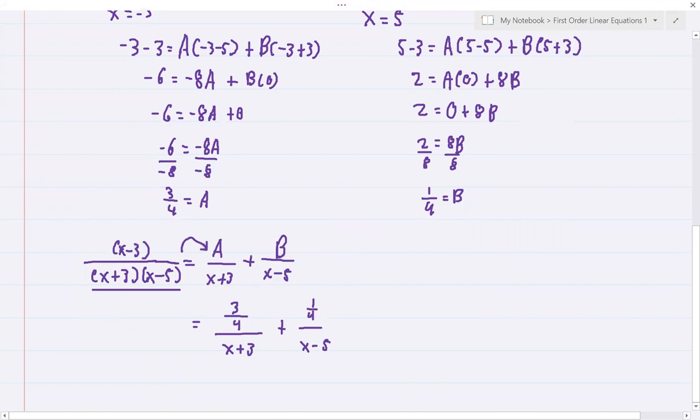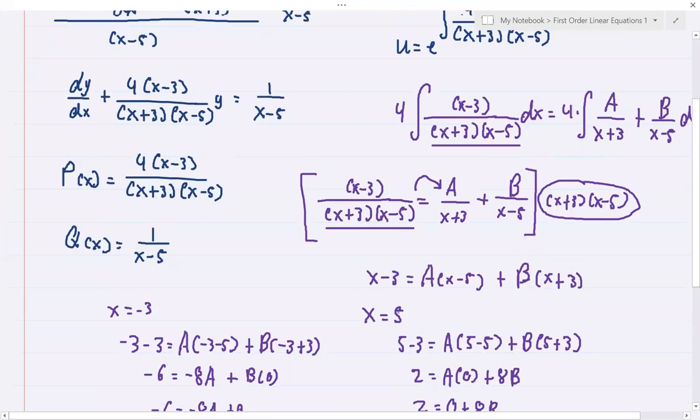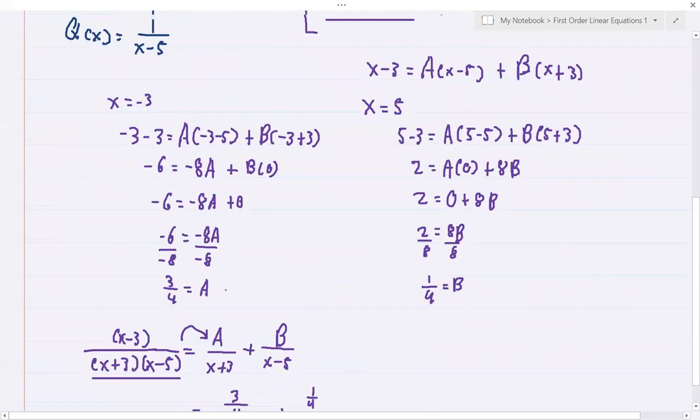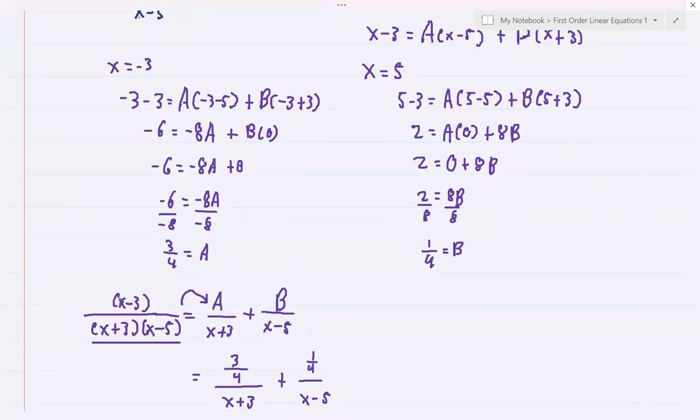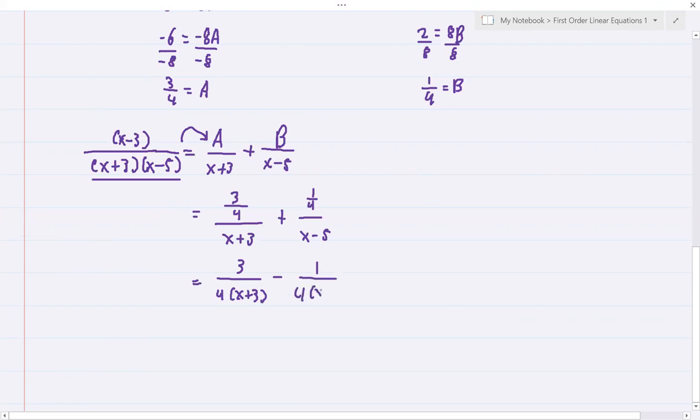What we're going to do is reciprocate, just like what I did here on your y. So if you reciprocate, this would be 3 all over 4 times quantity x plus 3 minus 1 all over 4 times x minus 5.